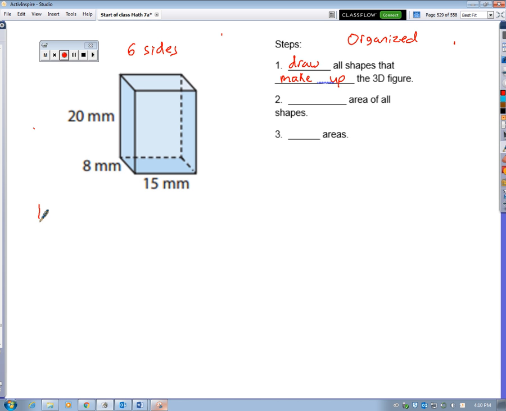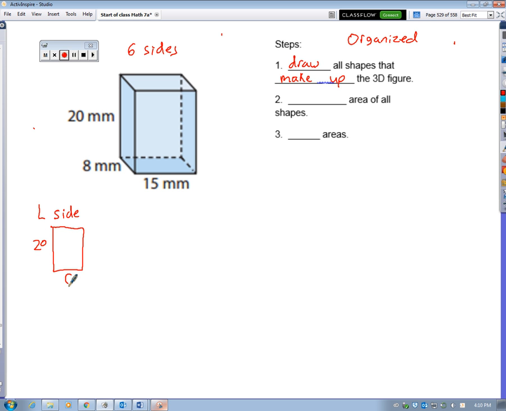We're going to label it L side. These are all rectangles. So the left side, we have this rectangle right here. We're going to draw that out. There's our rectangle, and we're going to label what it is. It has a length of 20 and a width of 8. So we're going to put that right down here.